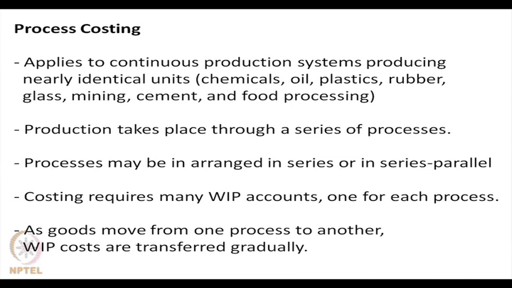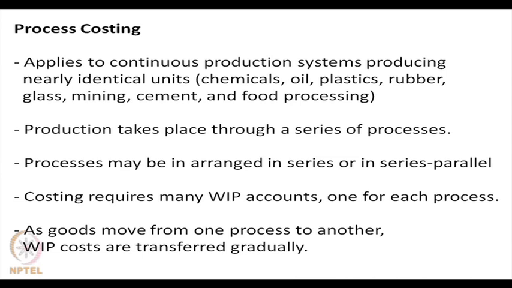Processes are usually arranged in series, but in some cases they may also be arranged in different configurations. Certain items may be done in parallel and later on they are assembled together in a serial fashion. So, that is a parallel series configuration.